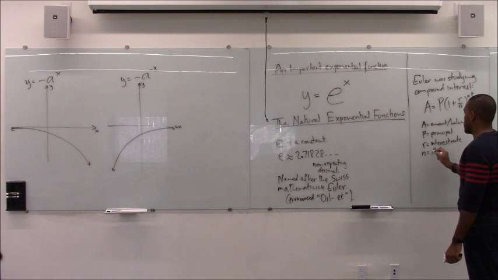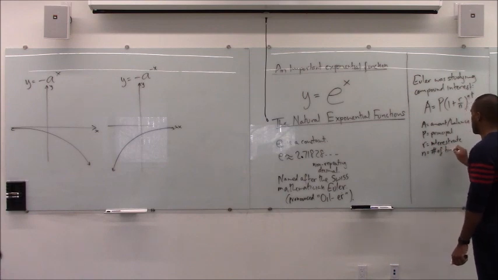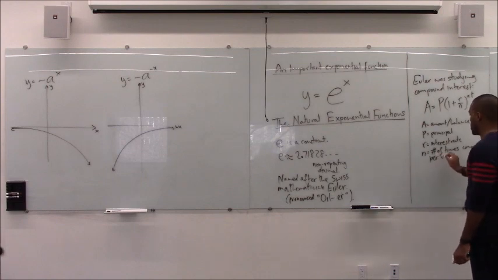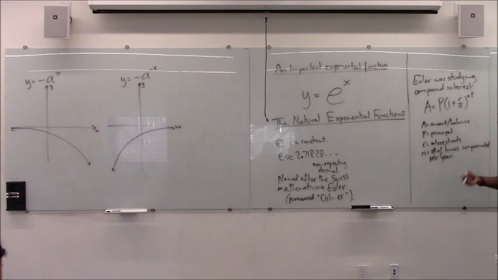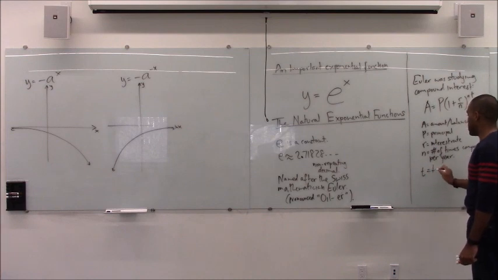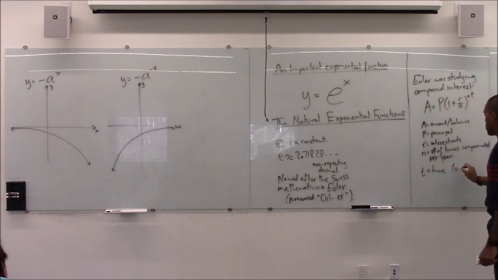N is the number of times compounded per year. Right, so it's how many times you're adding interest on top of interest on an annual basis. T is time, and it is the variable in this case.